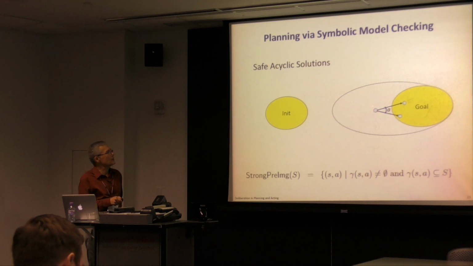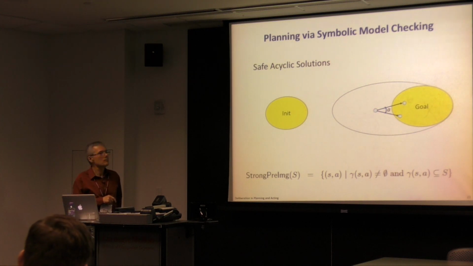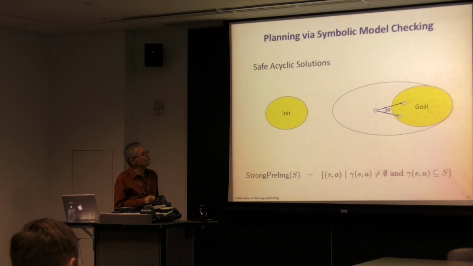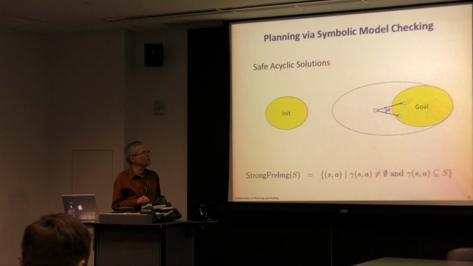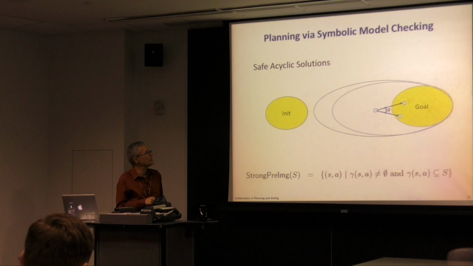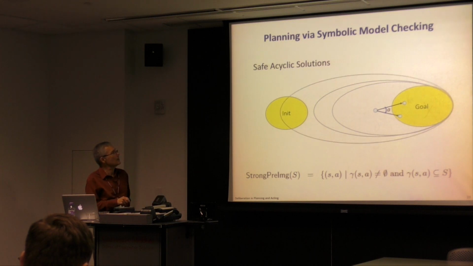So our strong preimage includes just that, okay? Now we can look at what are the things that can get us to either the goal or that state. Anything that's guaranteed to get us to one or another of those would be in the preimage of this set of states, okay? And you can keep extending that until you get to the initial state.